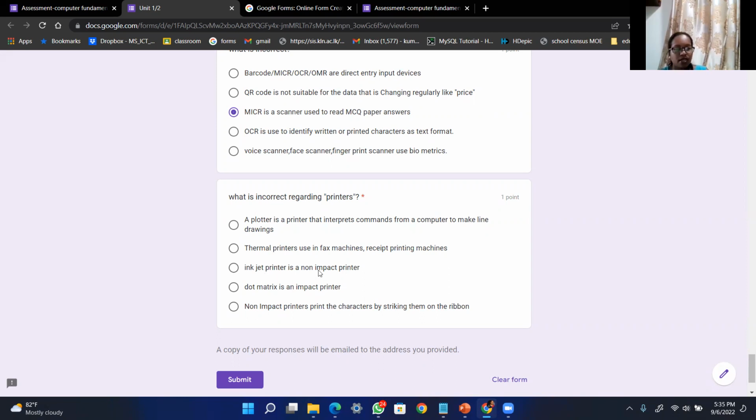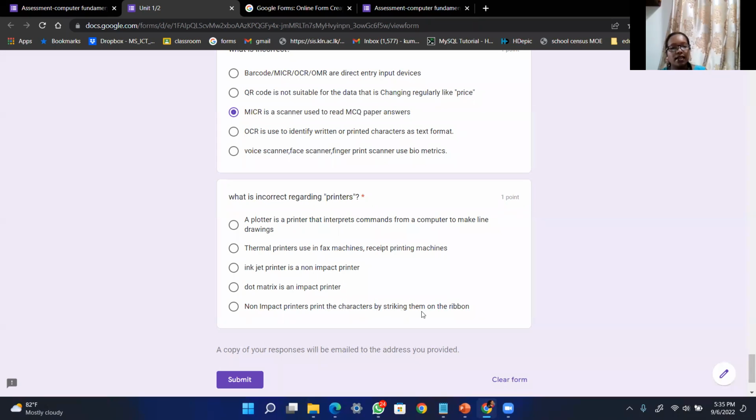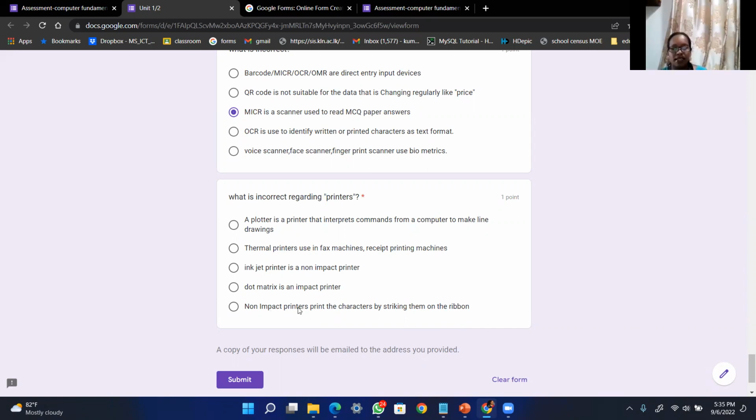Inkjet printer is a non-impact printer. Correct. Dot matrix is an impact printer. Correct. Non-impact printers print the characters by striking them on the ribbon. False, teacher. Impact printers strike the paper, while non-impact printers do not strike the paper. So we'll just submit.